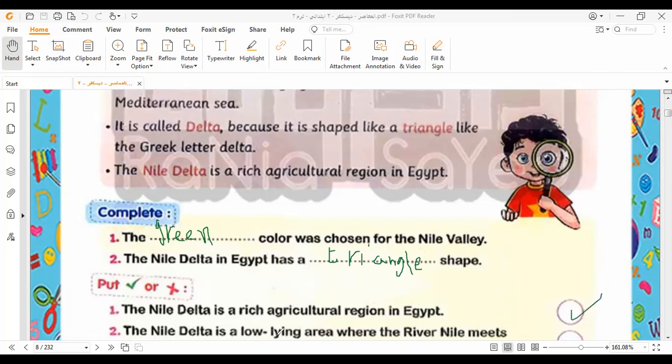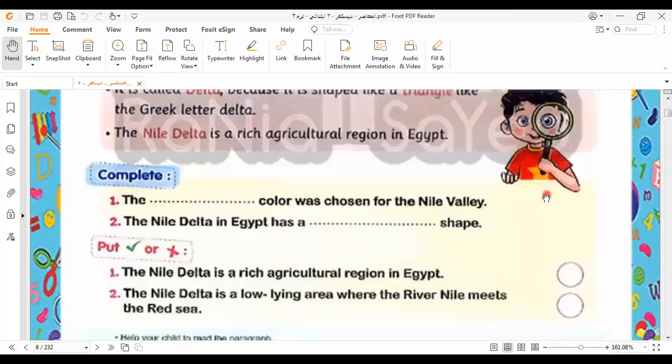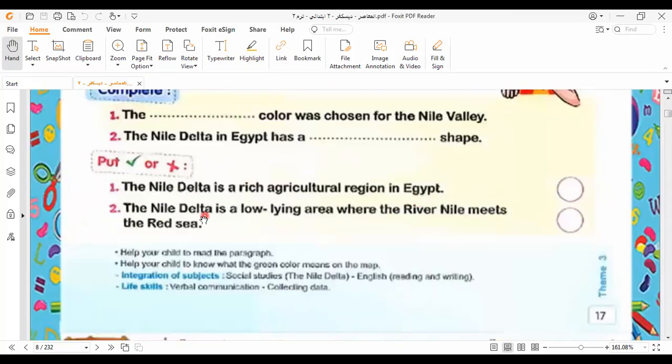The Nile Delta is a low-lying area where the river Nile meets. No, because we know in the text that the low-lying one is Nile Valley. I will return to the text to check this sentence. The Nile Delta is a rich agriculture region in Egypt.